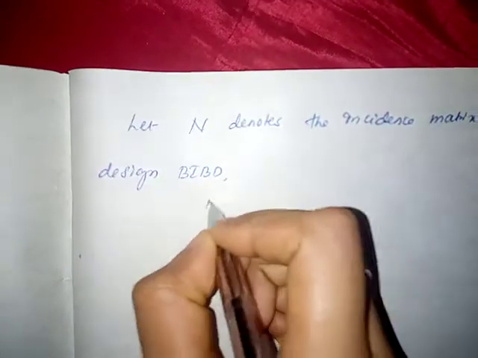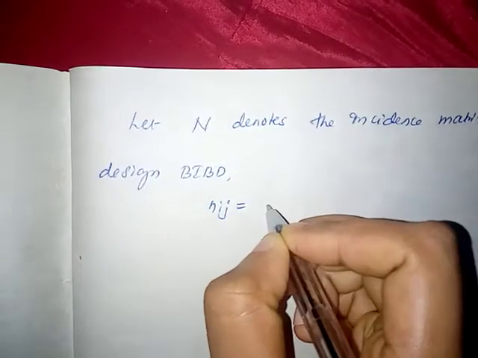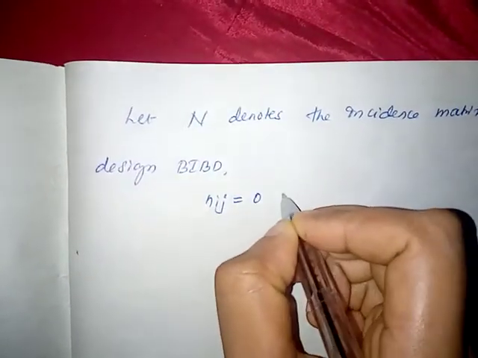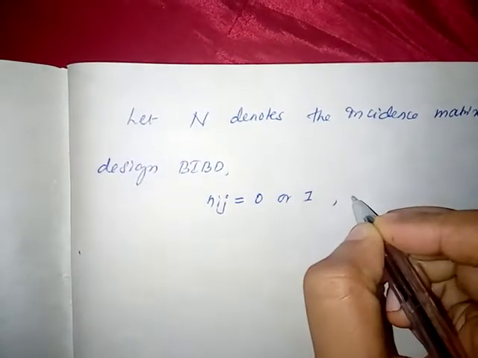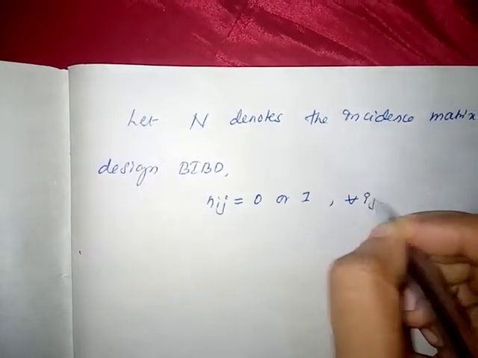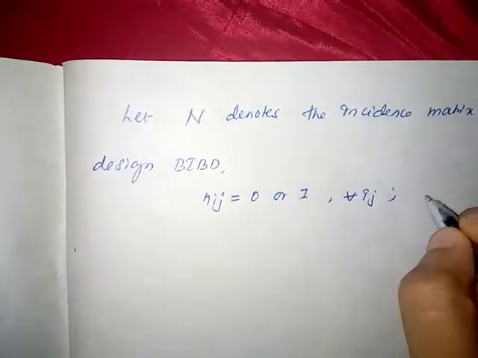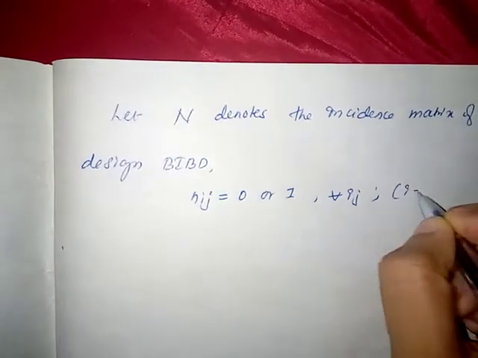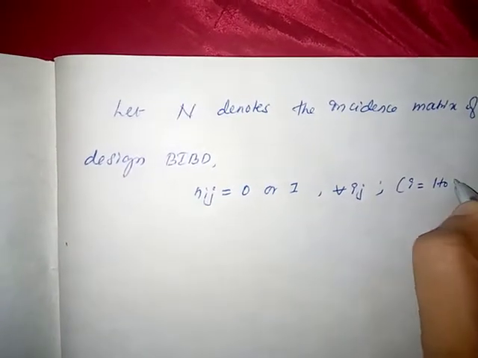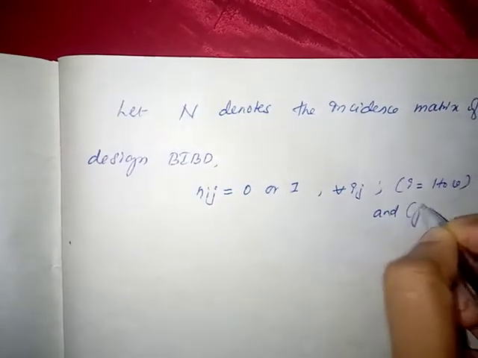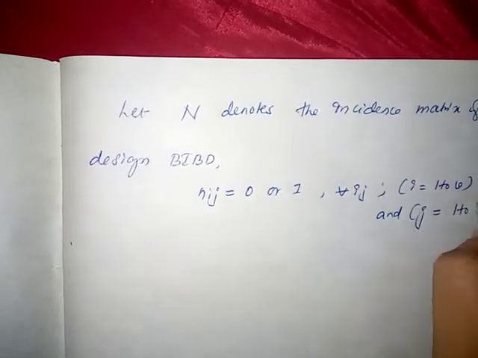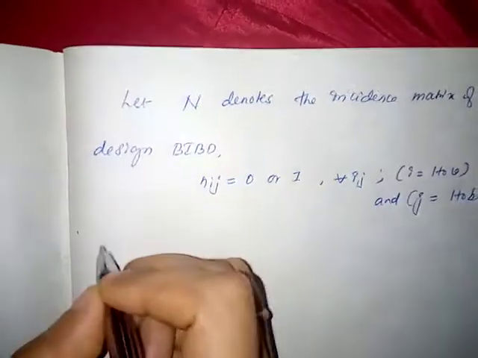Note that Nij equals 0 or 1 for all i, j, where i equals 1 to v and j equals 1 to b.